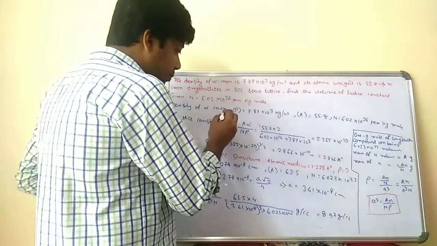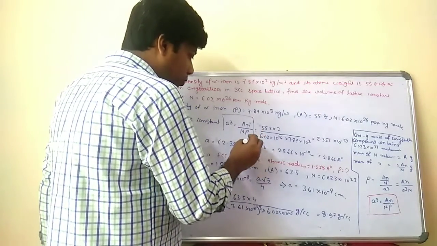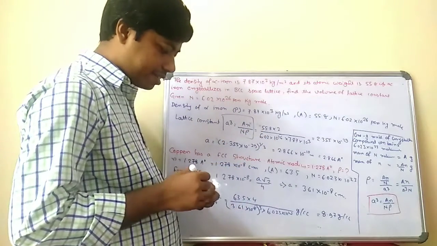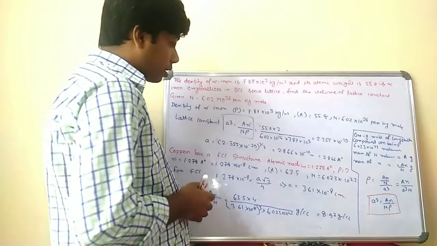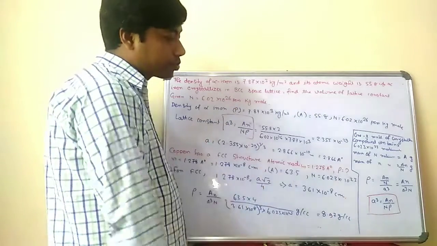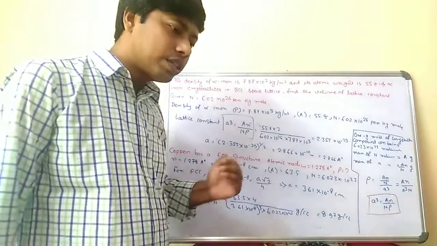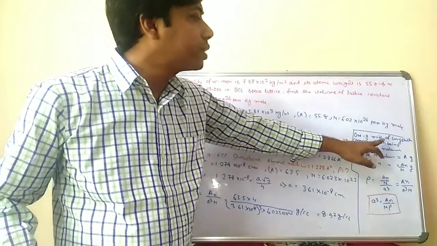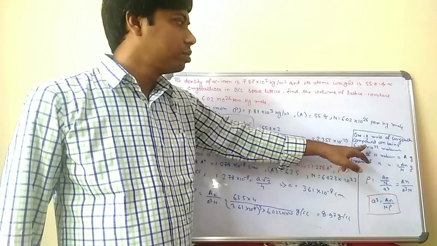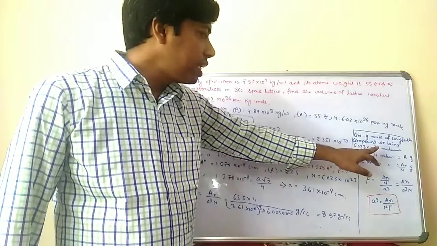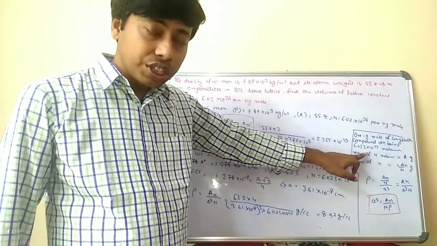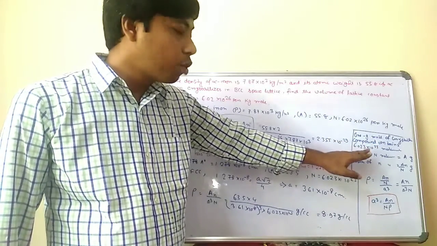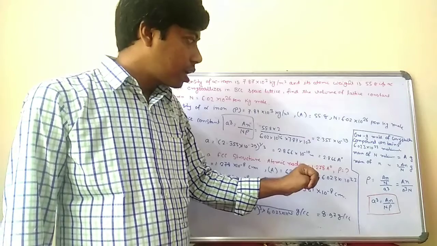This expression is very important for calculating the lattice constant and the density of the material. Actually this expression comes from Avogadro's hypothesis, that 1 gram mole of a crystalline compound contains 6.023 into 10 to the power 23 molecules, as you already know.